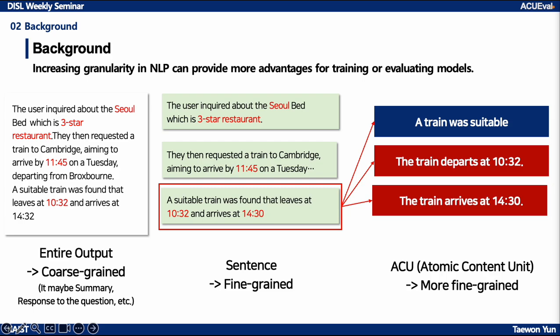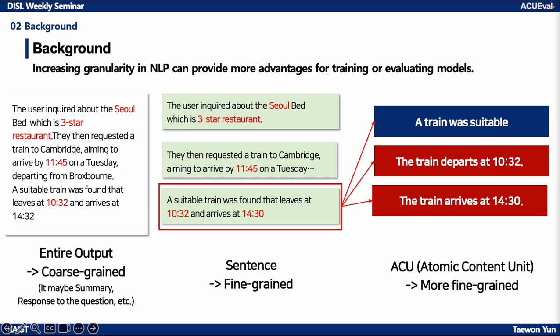Instead of just saying this output is incorrect, pointing out which sentences are wrong gives us a more informative evaluation. ACU is an advance of this concept, and ACU represents a smaller semantic unit than a sentence, and it is a similar concept to a fact.